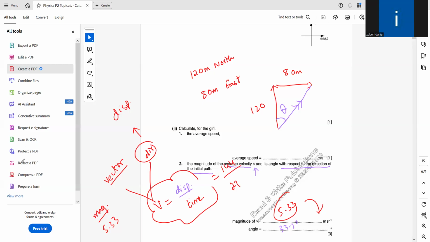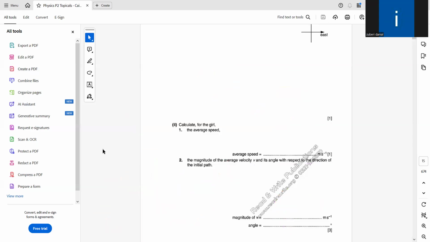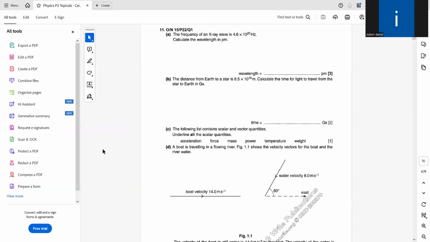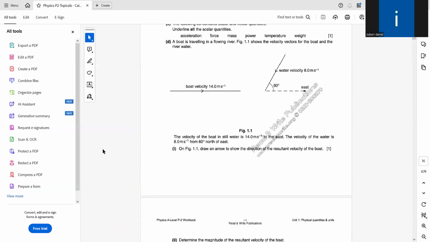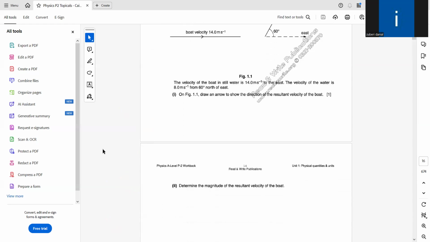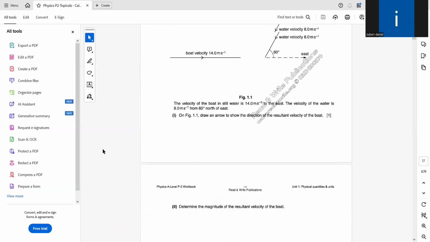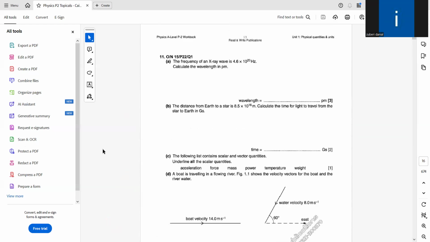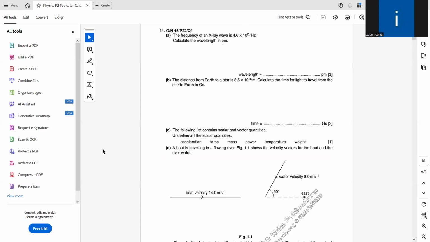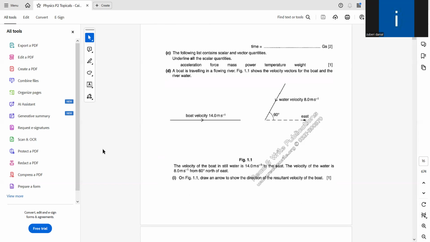So let's try another question. Yeah, let's try this question. So the syllabus reference is October, November 2015. And we plan to do question 11, part D. Can you just scroll up to the code?